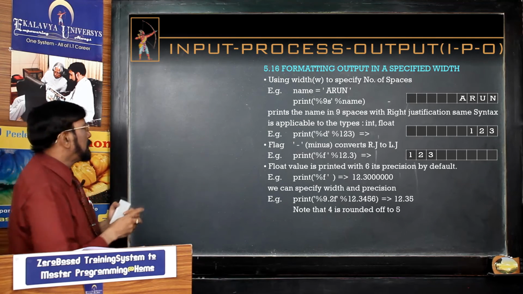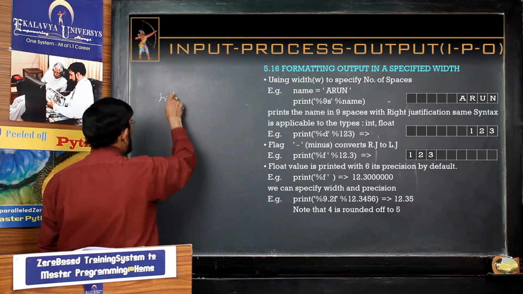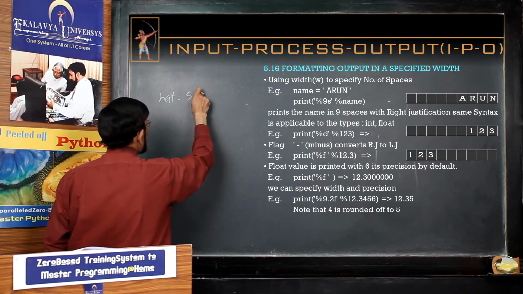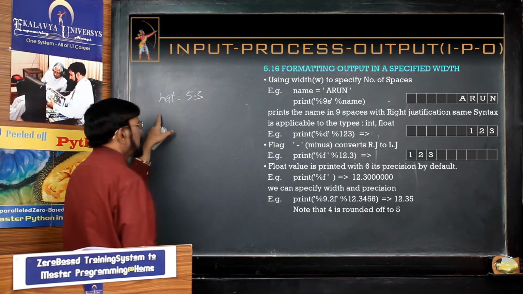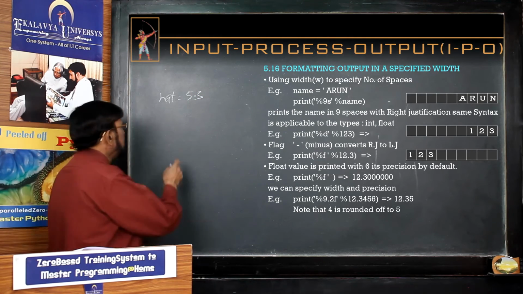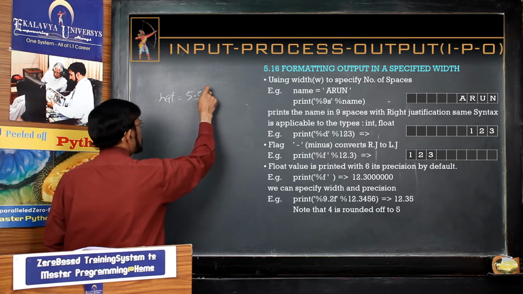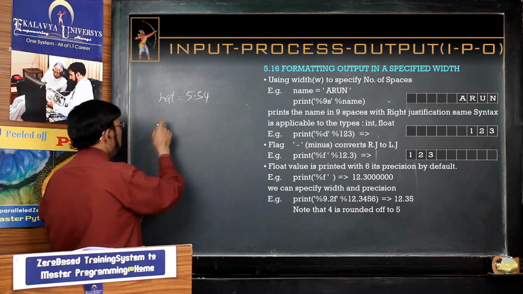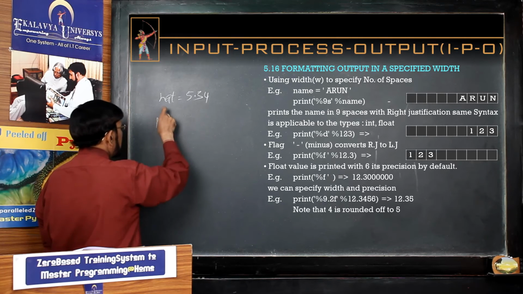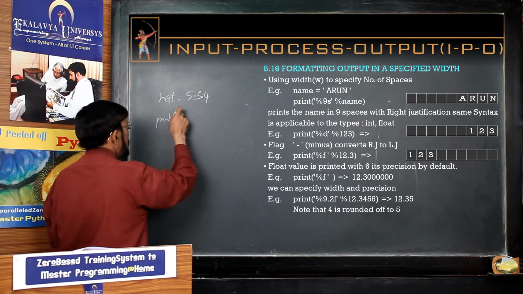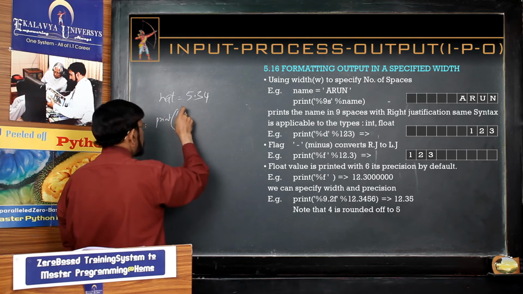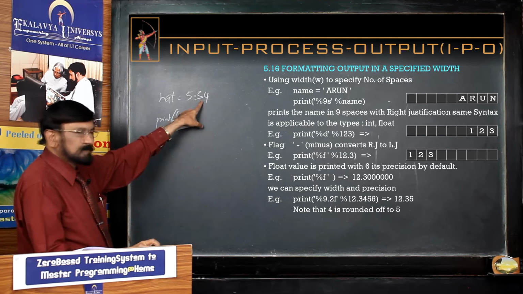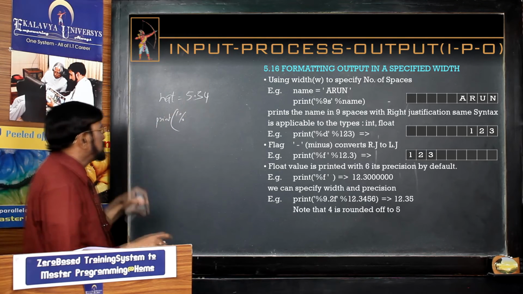Thereafter, one float also I show you, 5.3. Otherwise 5.34, much more accurately we put. Then print %, and here not only width, this also you have to specify.